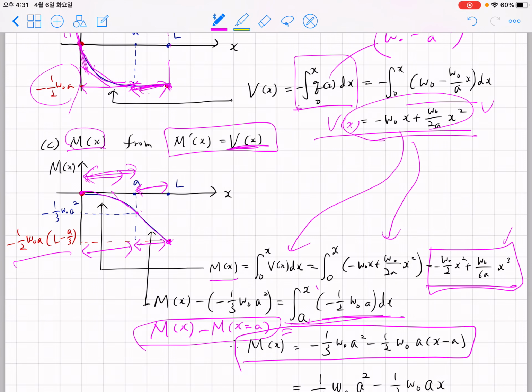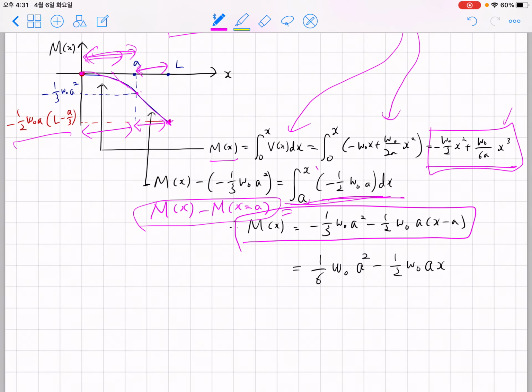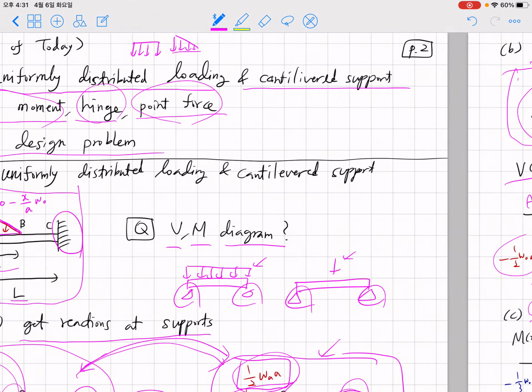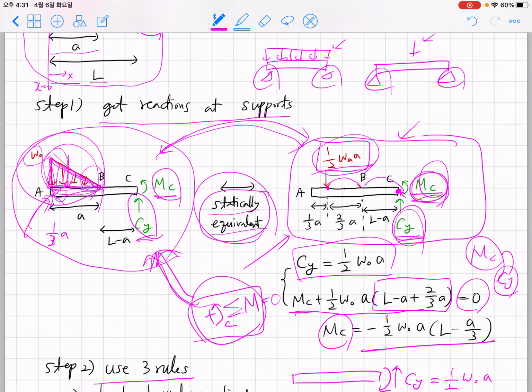With this, let me finish my first lecture on non-uniform distributed loading. The only new idea compared to the previous lecture is that when you encounter a non-uniform loading problem, please try to obtain the center of this weight, and devise a statically equivalent problem to obtain CY and MC more easily.